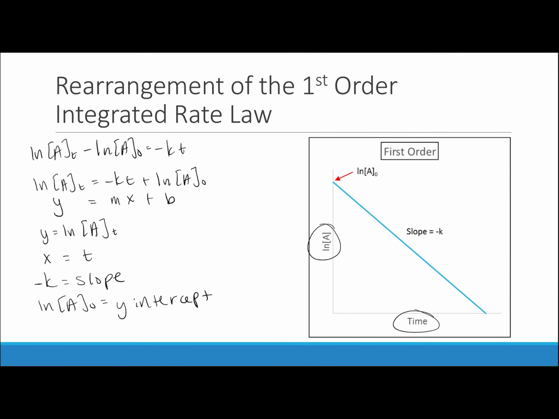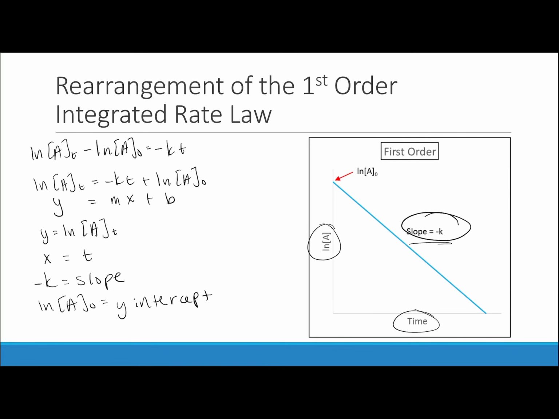So, one of the things I want you to take away from this is that if you graph ln A versus time, you can figure out your k value, right? That's one of the most important things: graphing ln A versus time, or ln A of several different time points, you can get your rate constant.